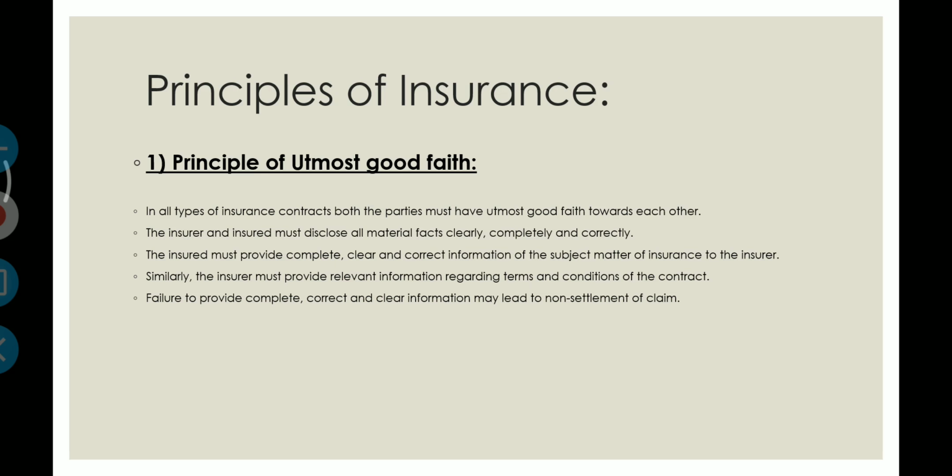I'll give you a very basic example. If a person XYZ wants to take life insurance and he has a heart problem, he had a cardiac arrest earlier and he does not disclose this information to the life insurance company. Okay, he is not saying it to them, and later on after a month or 2 months of taking insurance, if the person dies of cardiac arrest, the nominees of the person go to the insurance company and ask for the claim.